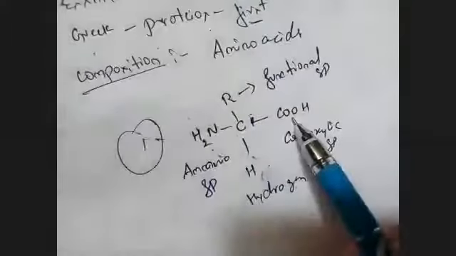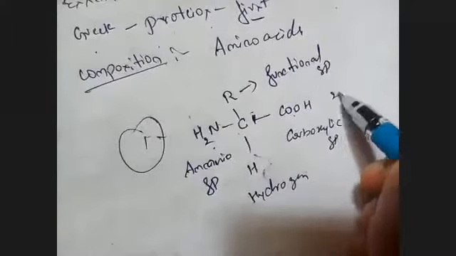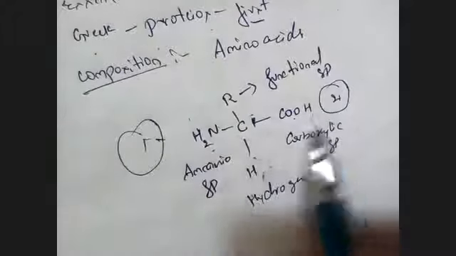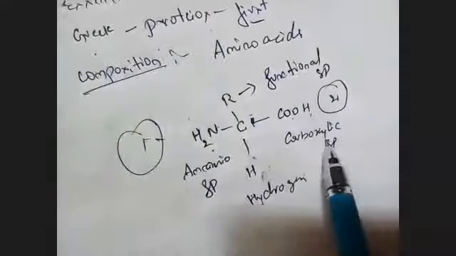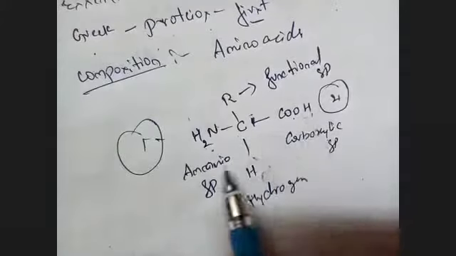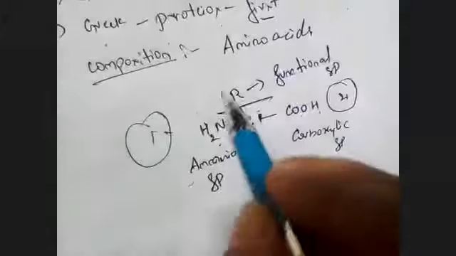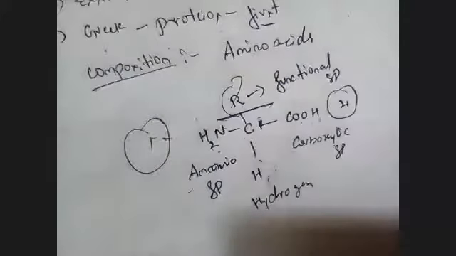This all remains the same for all the 21 amino acids we have. These three, the H, the amino group and the carboxylic group, remain the same for all, but this R group changes. If it changes, it gives you a different amino acid name.